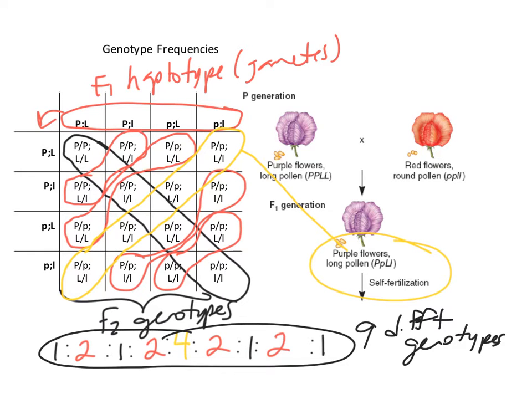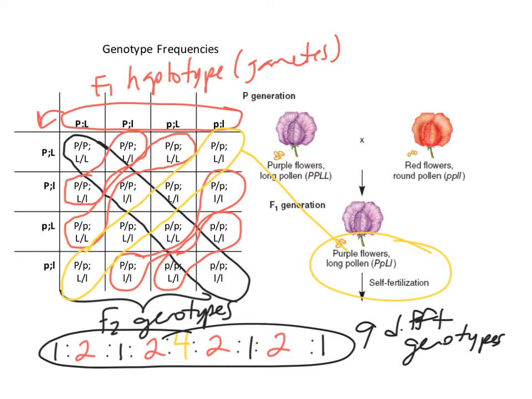So 1/16, for example, has that little p over little p, little l over little l genotype. So you expect 1 out of every 16 F2 individuals to have that genotype. You expect a quarter, 4/16, to be dihybrids, and so forth. So that's genotype ratio.